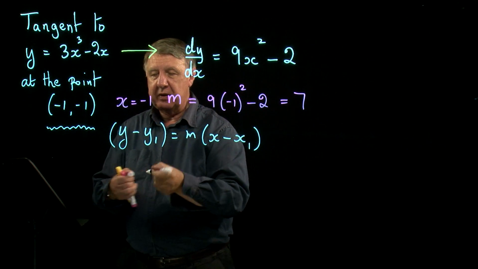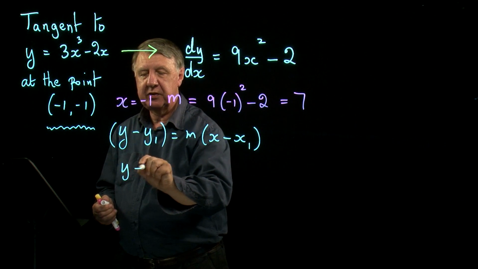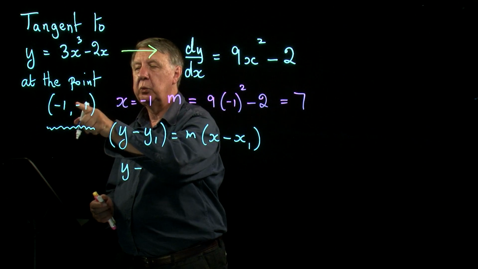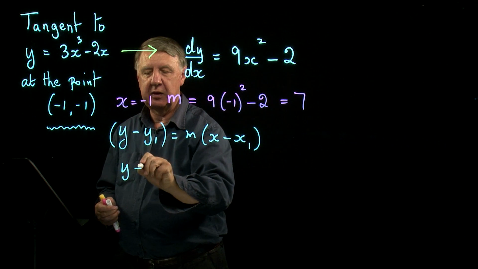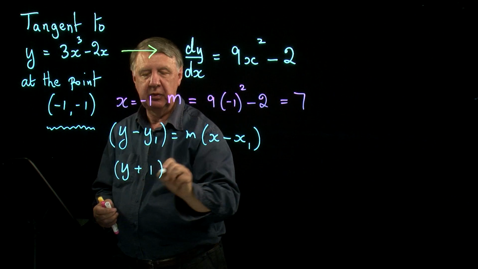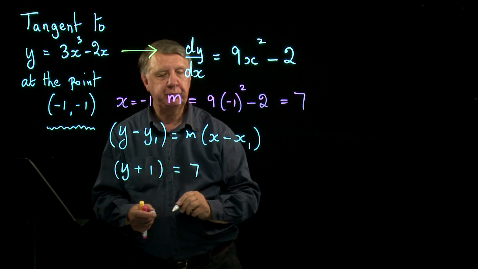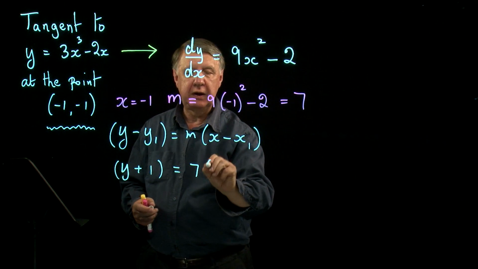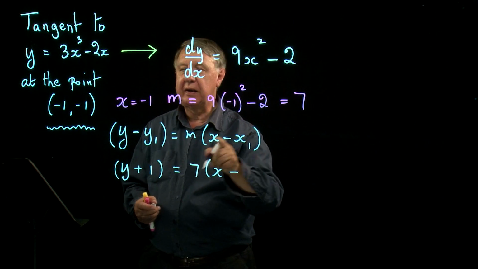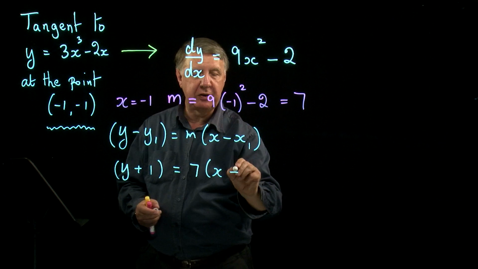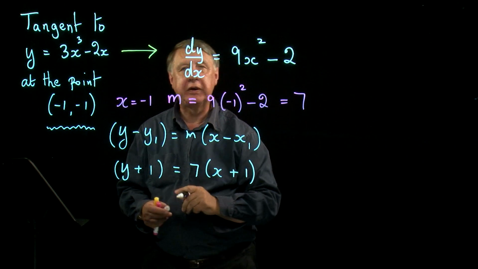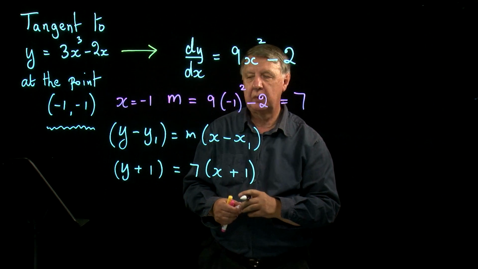So let's put these numbers in. So y, take away y1, which is -1, so that becomes +1, equals m, which is 7, times x, take away x1, which is also -1, so that becomes +1.